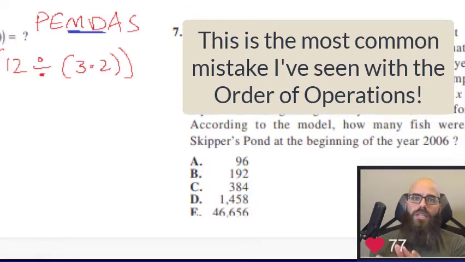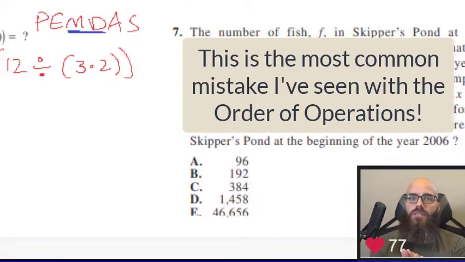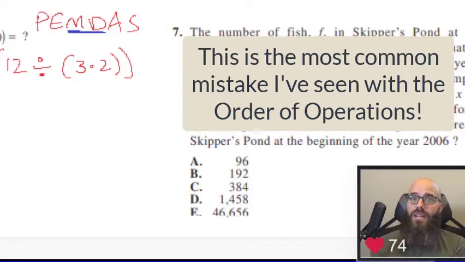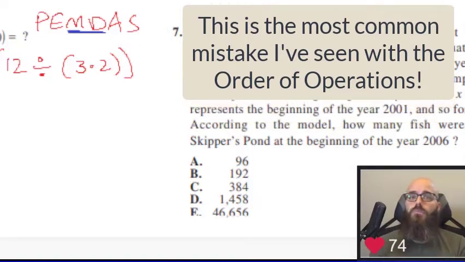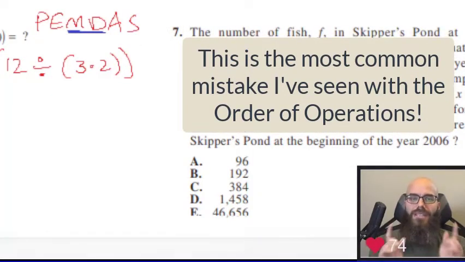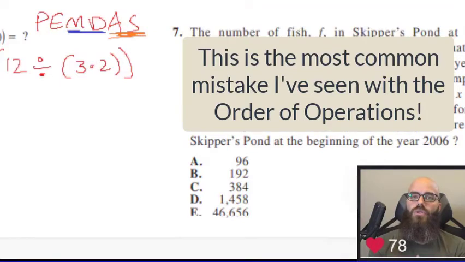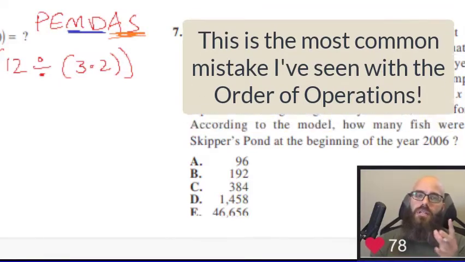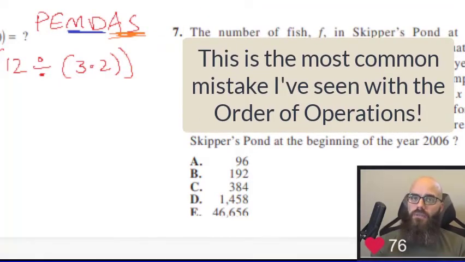You don't always multiply first. It always depends on which one actually comes first left to right. All right, so if division actually comes first left to right, then you divide before you multiply. So make sure you read correctly. That is also the case for addition and subtraction. So addition and subtraction also need to be done from left to right. So you do need to be careful there.